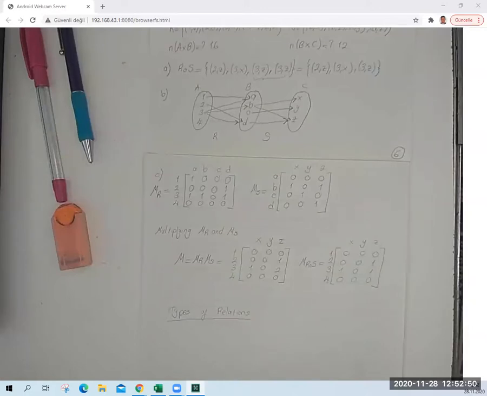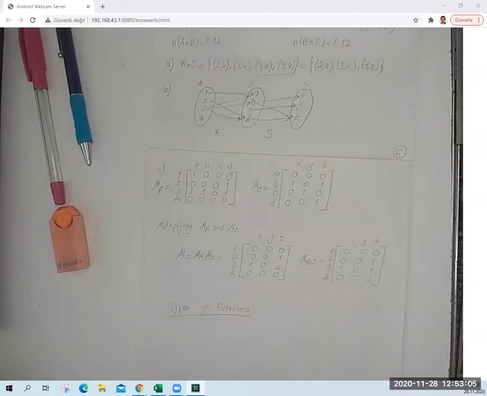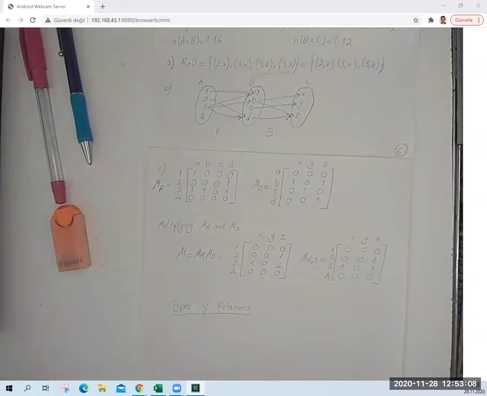So any question? We covered half of chapter 2, and next lecture we will talk about the types of relations. We will start that part, and then maybe next lecture we will complete chapter 2. Then we will start chapter 3 on functions and algorithms. So these are really basic.